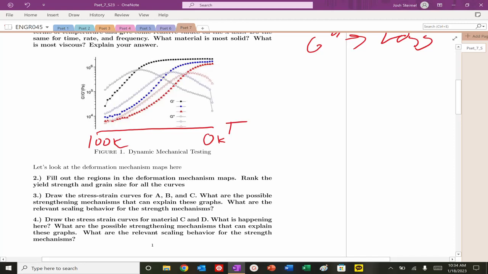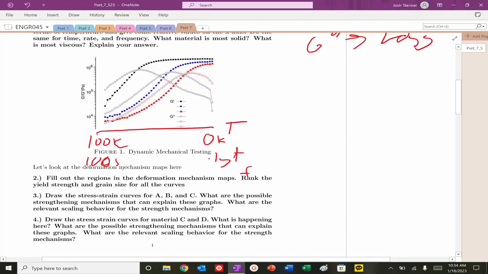Time scales similarly, right? So at very short times, like 0.1 seconds, and at very long times, like 100 seconds, I'm going to have my viscous response. Frequency, on the other hand, if I have a frequency axis, that's flipped.